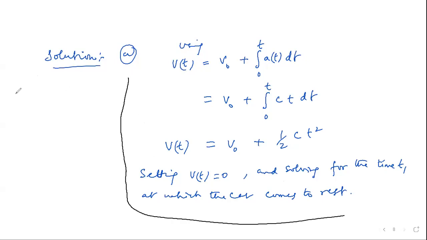So my left hand side is 0. Here is my initial velocity v naught. Then I have half c t1 square.